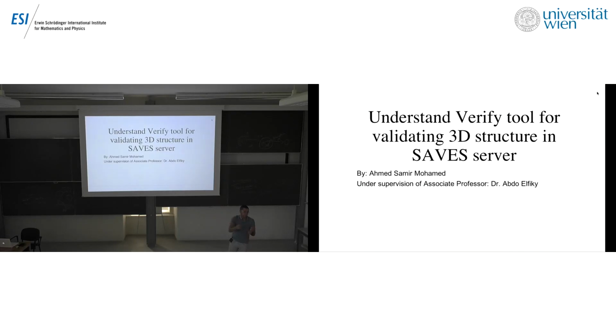After we predict a 3D structure of an unsolved protein, we can use the SAVES server to say whether this model is valid and can be used or not, depending on many techniques. So I'm here trying to explain only one tool, which is Verify 3D, which is a part of the SAVES modeling server, a validation server.